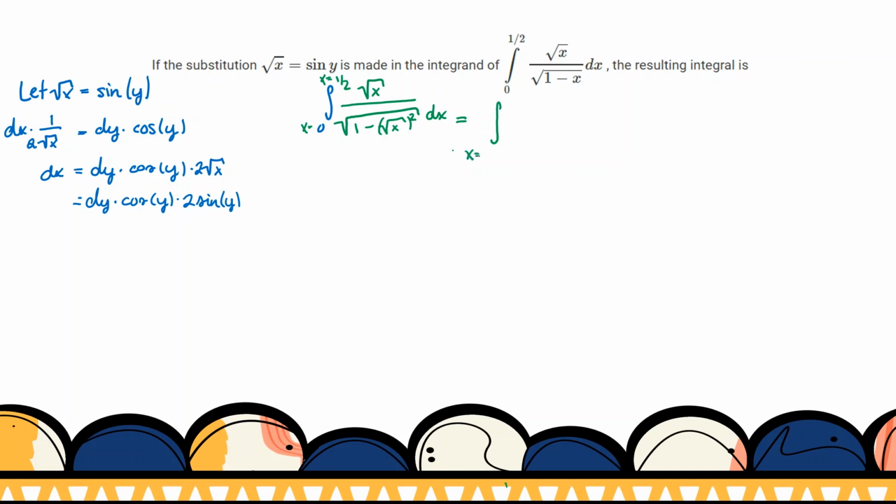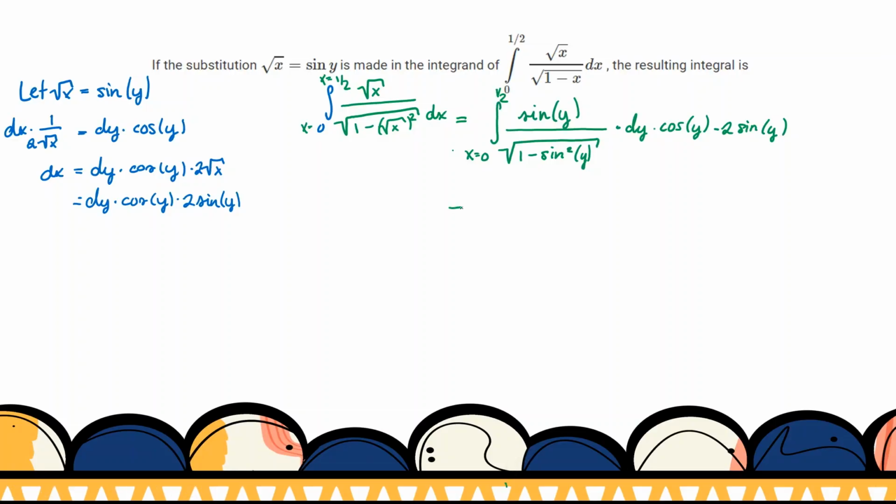So we'll put when x equals 0, x equals 1/2, we get sine of y in the numerator over the square root of 1 minus sine squared of y times, we have to change dx into terms of dy. So we're going to change that to dy times the cosine of y times 2 sine y.